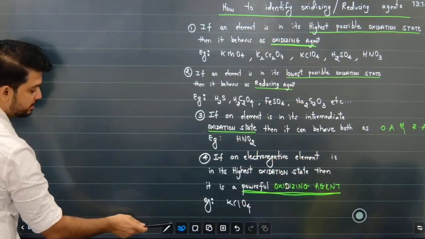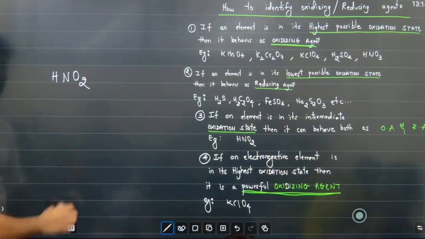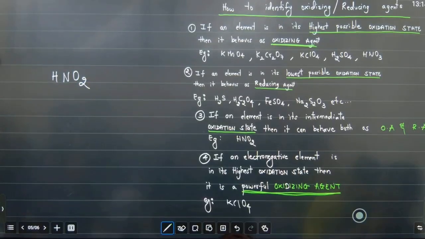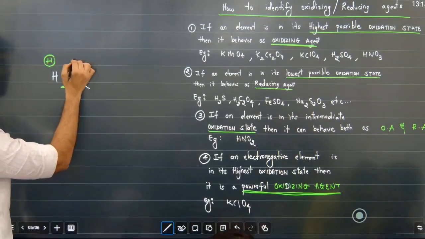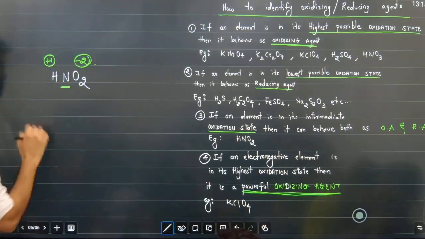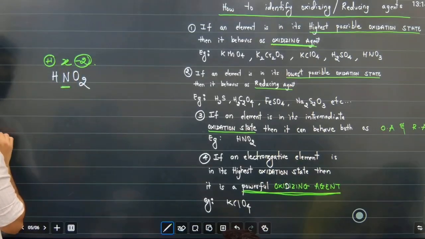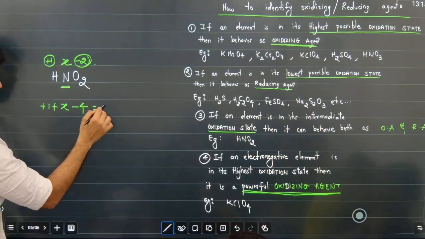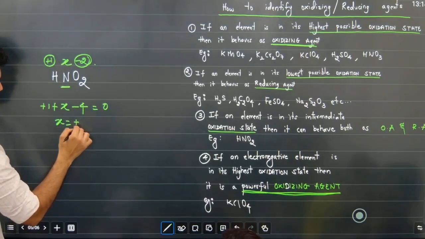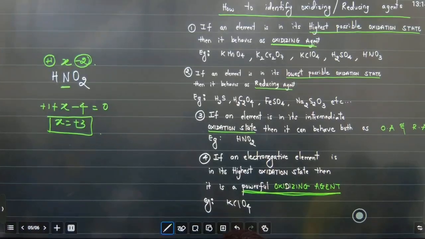Similarly, if an element is in between its oxidation states, for example, if I look at nitrous acid, HNO2, what is the charge on nitrogen here, people? This is +1, this is -2. Let nitrogen be x, so +1 plus x minus 4 is 0. What is the value of x? +3.